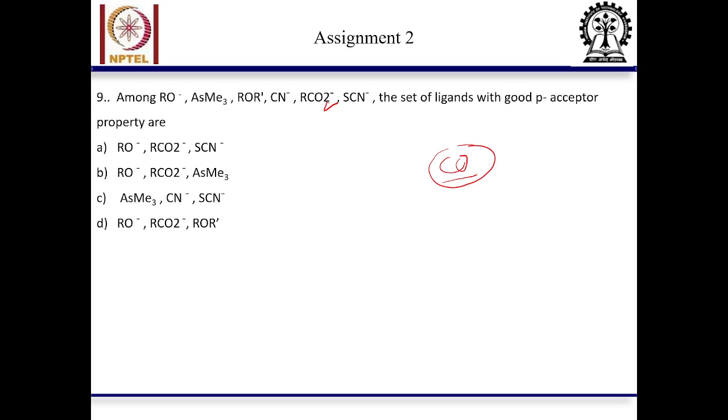A ligand which has this pi accepting property should have some vacant orbital where that electron from the metal can go, this back bonding can happen. So which are the ligands which have this empty pi orbital? Can you just see some of them?